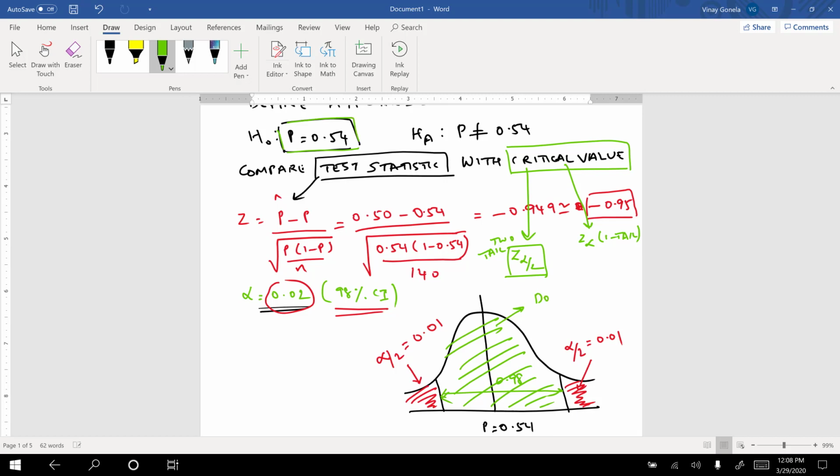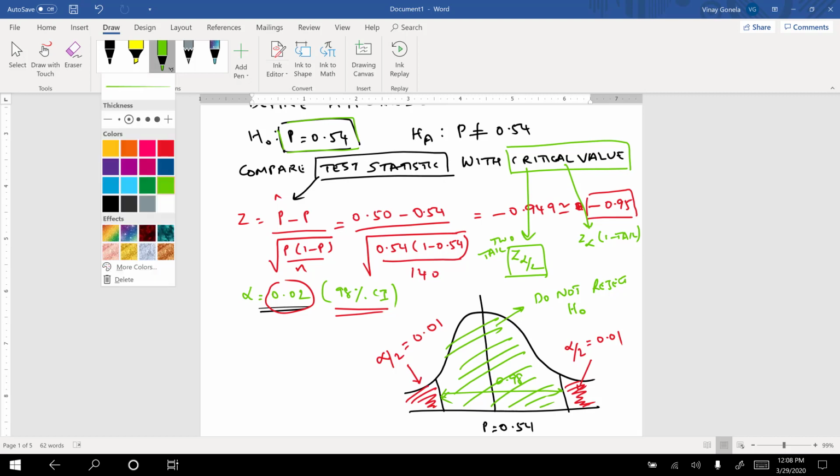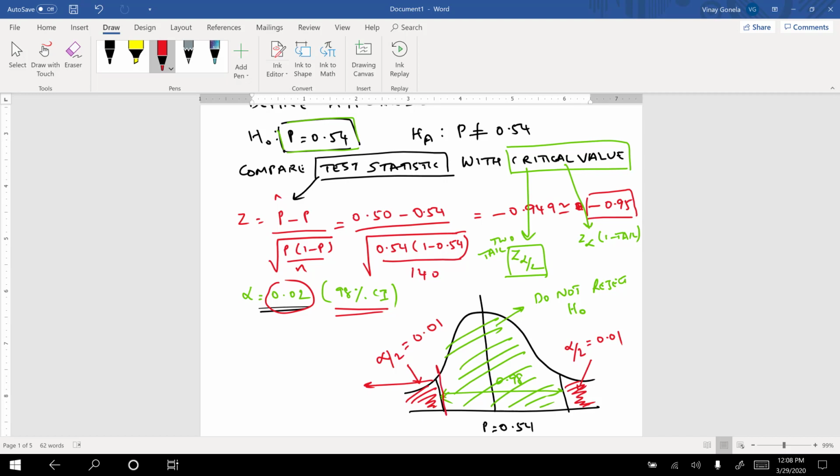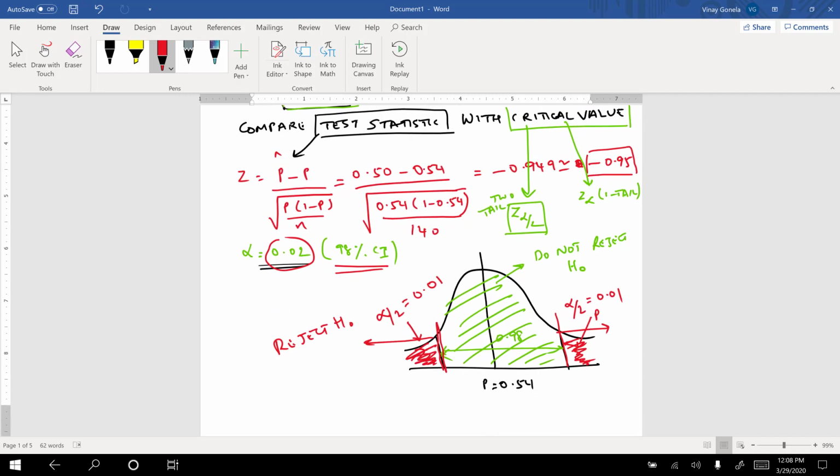So we will say do not reject H null in this area. And then this whole area and this whole area, we reject H null, and reject H null.